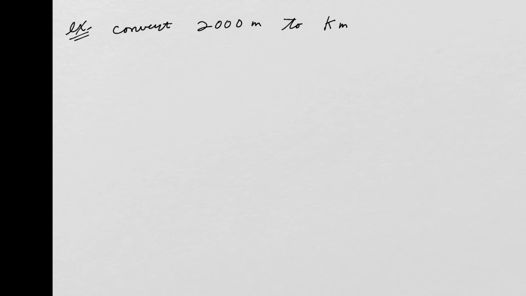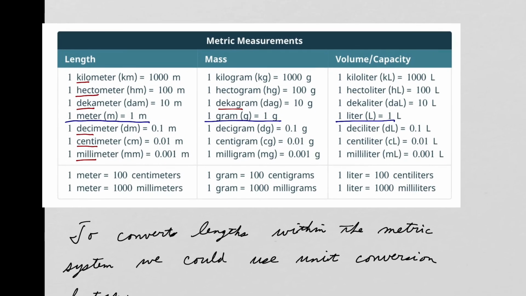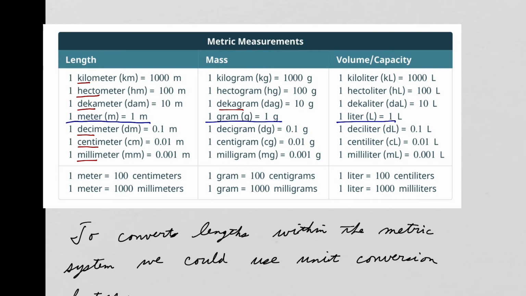So if you go back to the chart, remember that a kilometer is 1,000 meters, right? So that's here. All the abbreviations are here, right? Kilometer is K, hecto is H, deca is DA, meters by itself. Then we have deci D, centimeter C, millimeter is M. Okay, so we need this relationship, right?